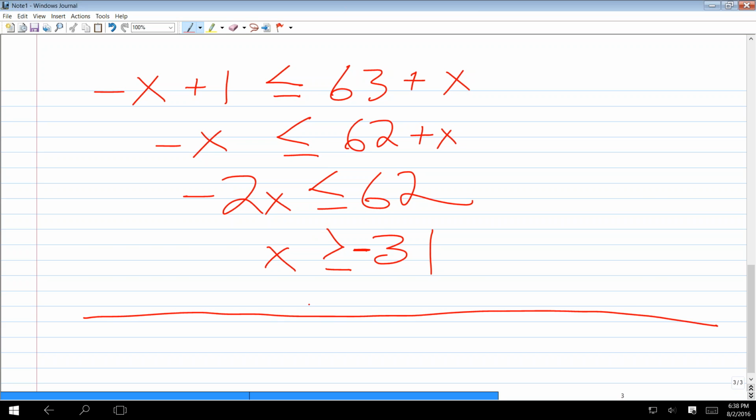Now, when I graph this, there's a slight difference. Here's negative 31 over here. Because it's greater than or equal, it's going to be filled in. A solid dot, yeah. And then that goes all the way to infinity, like that. Okay.